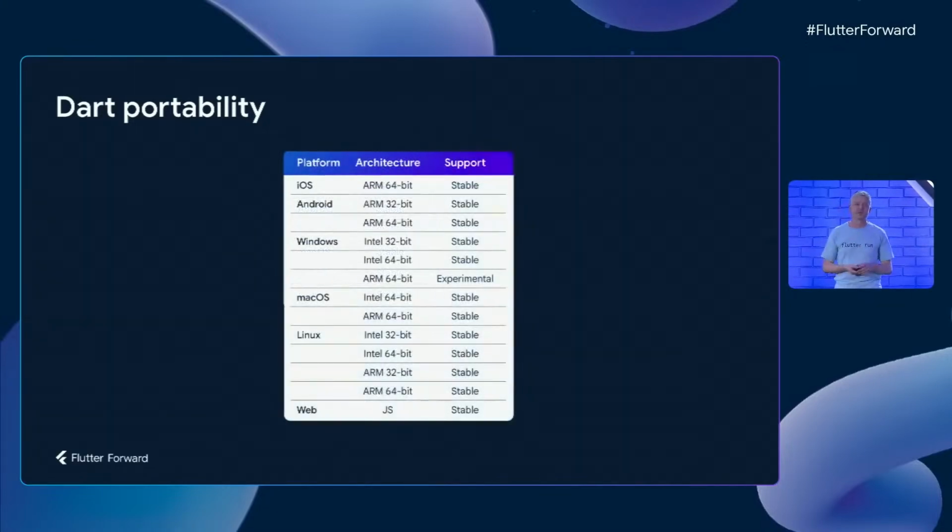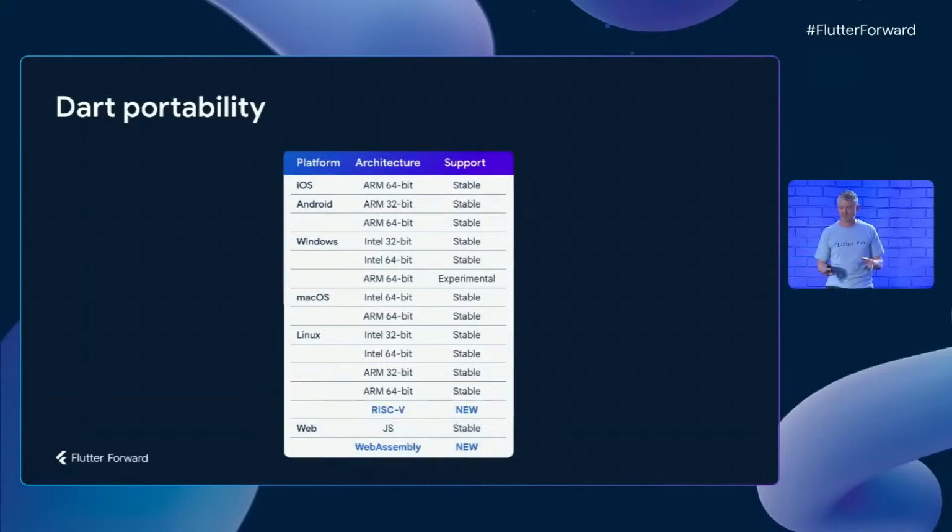And on these platforms, our native compilers support a wide range of processor architectures, including ARM and Intel, in 32-bit and 64-bit architectures. On the web, we currently compile to JavaScript, where we use our enterprise-class compiler that powers some of the largest web apps at Google. New in Dart 3 is experimental support for the emerging WebAssembly standard.